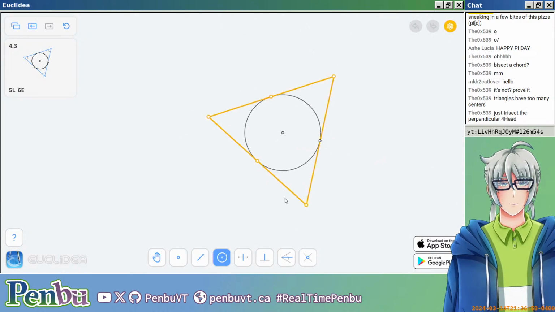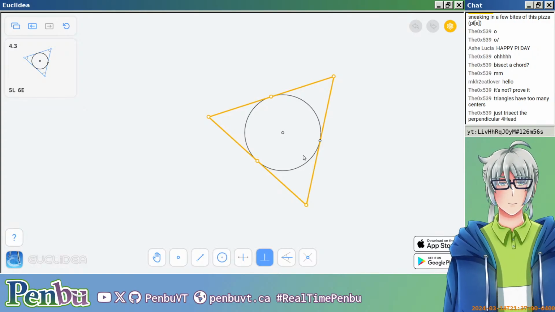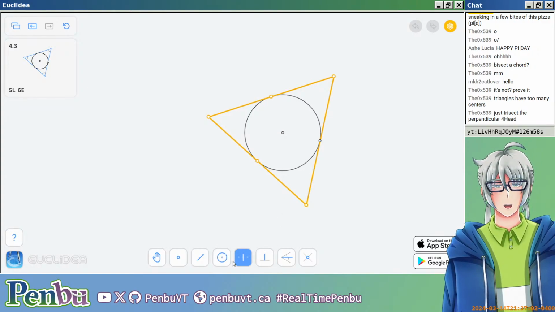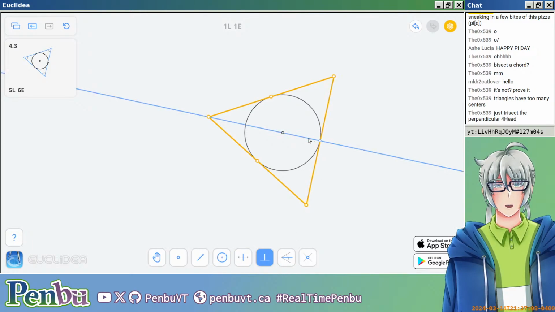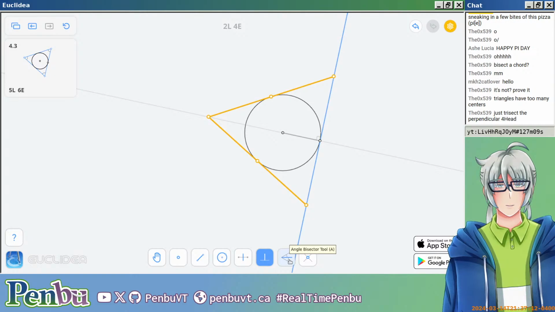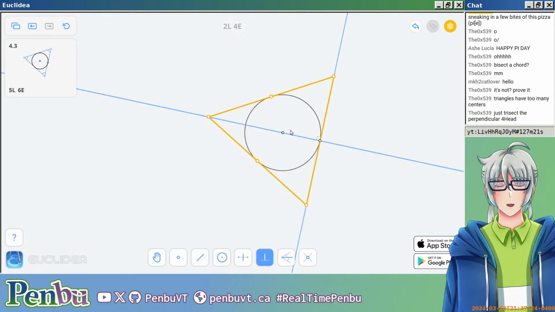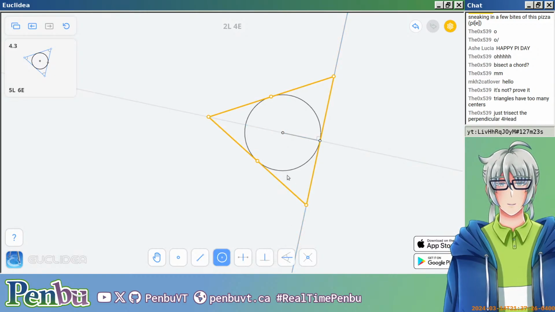Okay, I'm gonna turn this on. And we're gonna explore. Because we know that we have this, and then we can drop a perpendicular to get this. And then actually we can create stuff inside the circle.